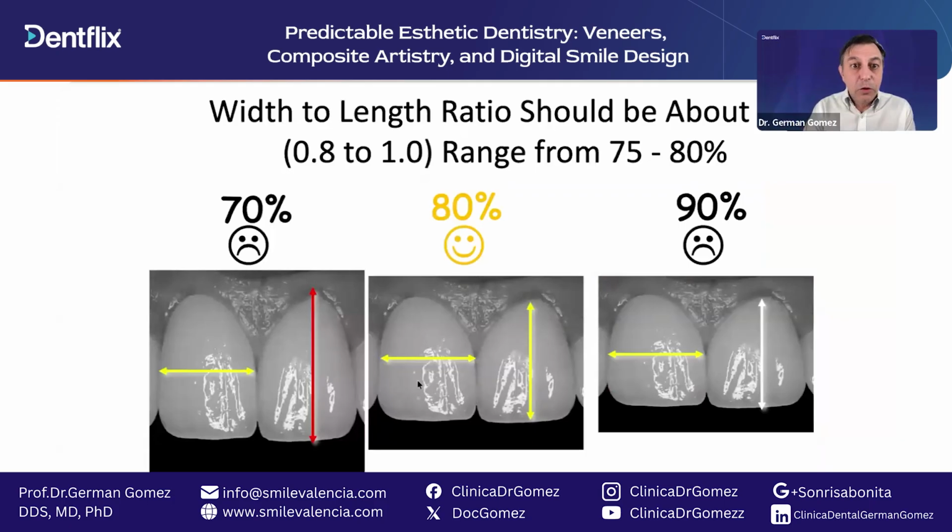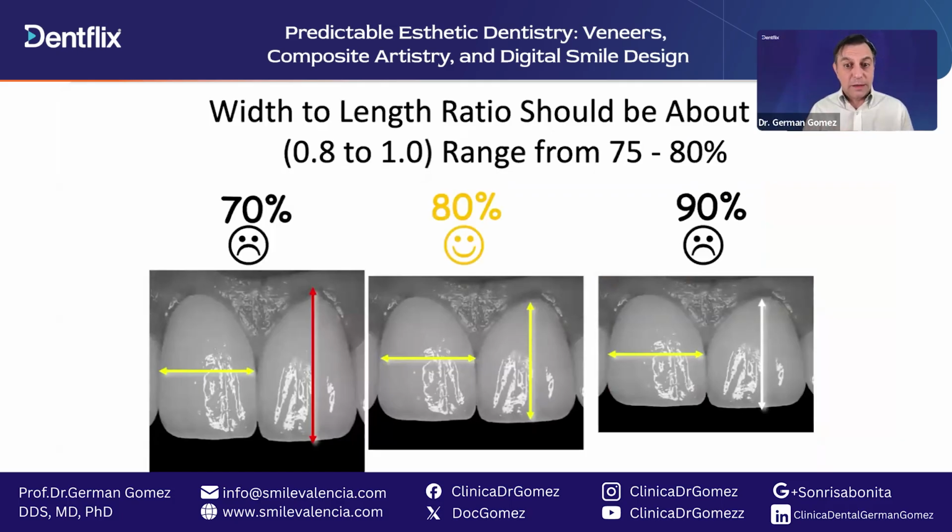The normal length of a central incisor is between 10 and 12 millimeters. Why between 10 and 12? Because there are large faces and smaller faces. Smaller faces, 10; large faces, 12.